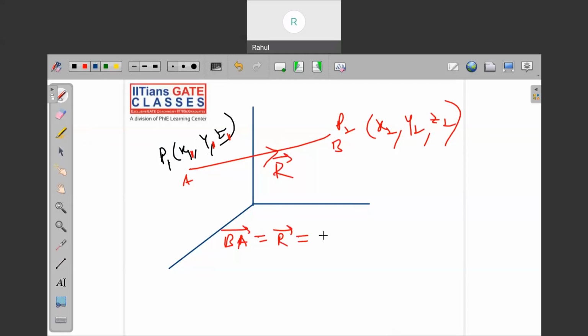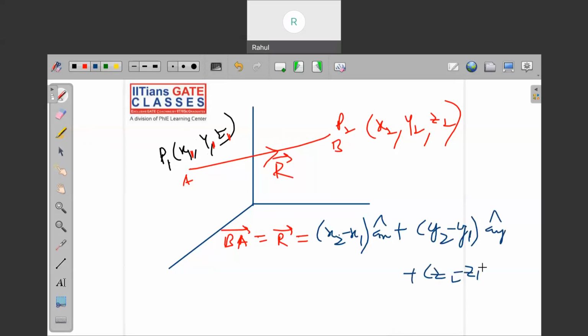So this can be written as x2 minus x1 ax cap plus y2 minus y1 ay cap plus z2 minus z1 az cap, right?